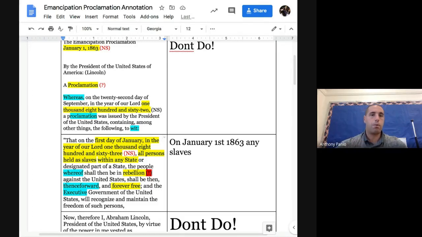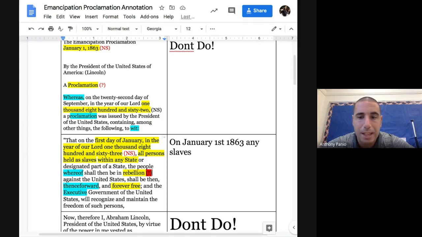If a student's rebelling against a teacher, are they doing a good thing or are they doing a bad thing? Is rebellion, if someone's in rebellion, a good thing or a bad thing? Daniele, excellent. It is a bad thing.